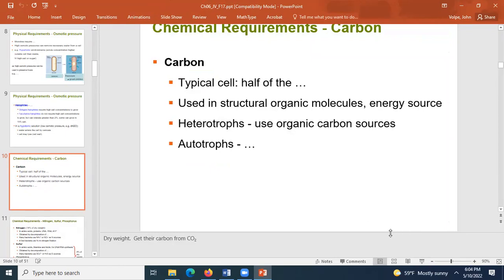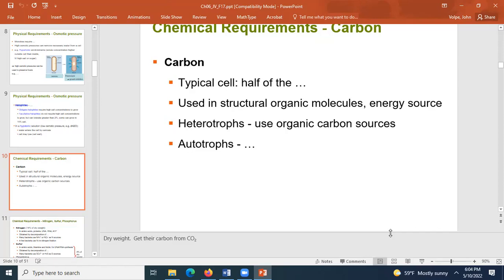So regardless of what microbe or organism you're talking about, half of the dry weight is from carbon. Carbon is used in structural organic molecules, such as carbohydrates and proteins, but it's also an energy source.